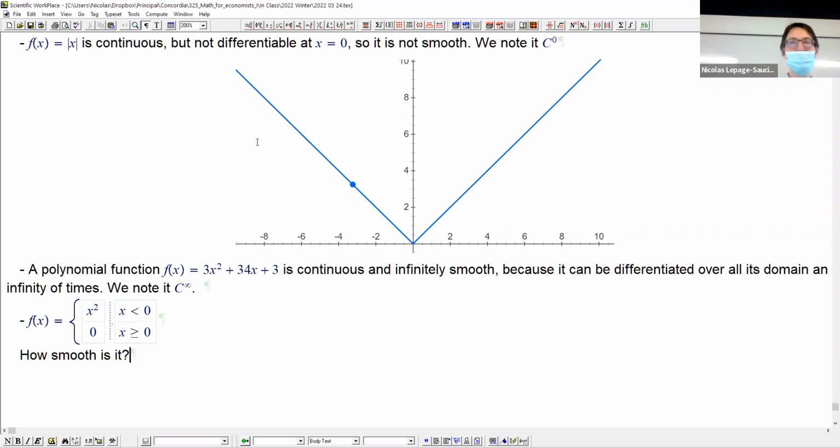So now pay attention, because this is a bit tricky, and you really have to do it this way if you want to find the right answer. So let's go ahead. Step 1: is it continuous?